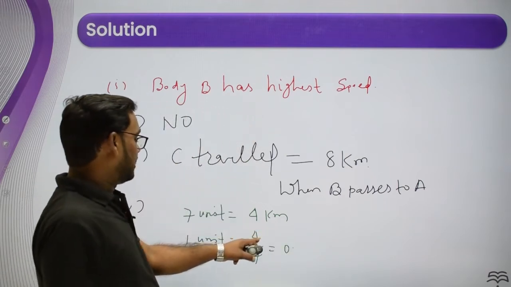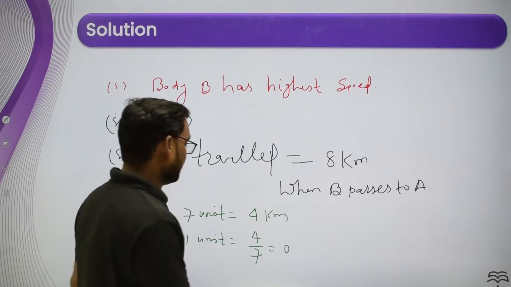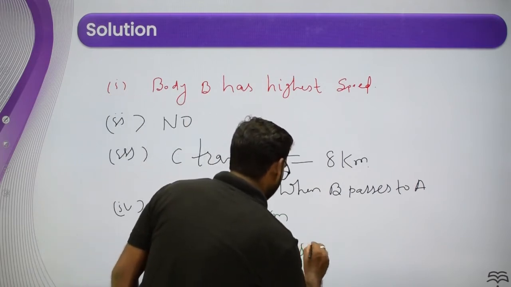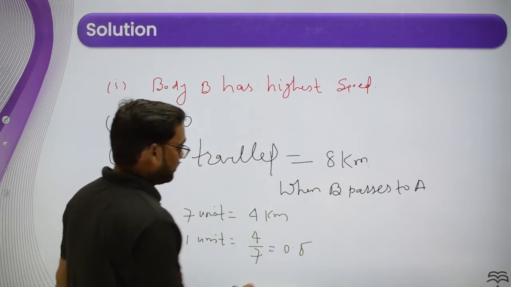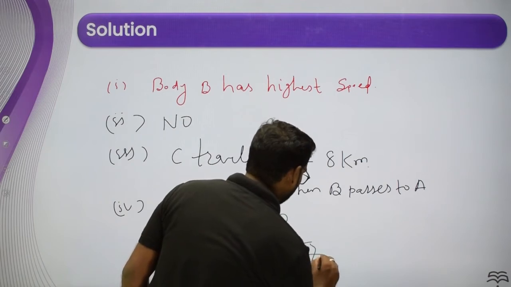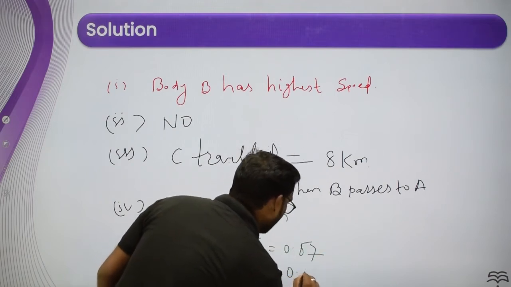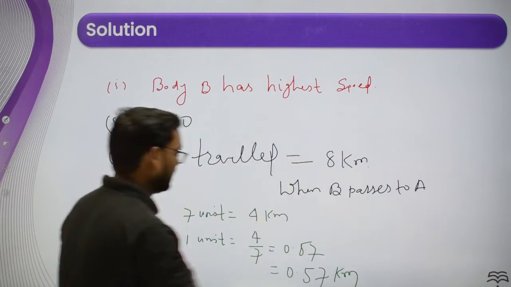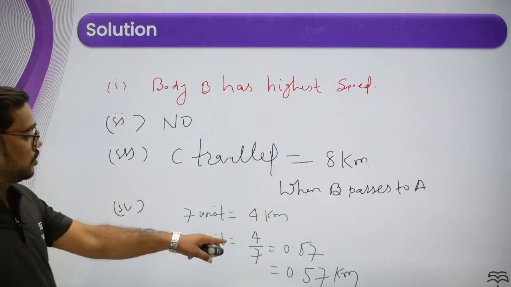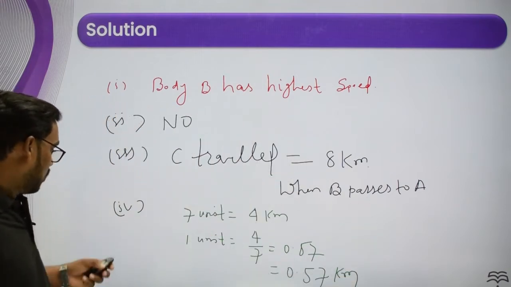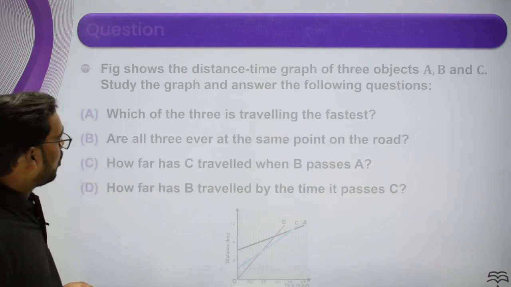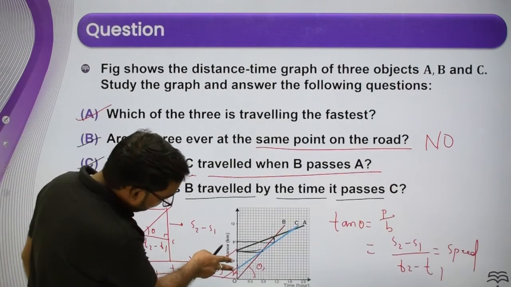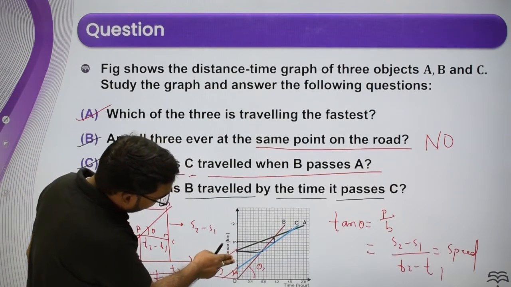If you divide, 7 5s are 35, 50, 7 7s are 49, somewhere 0. So how much? 0.57 kilometer. Okay, so 1 unit represents 0.57 kilometer. So if you see here, almost 2 small units above the 4.